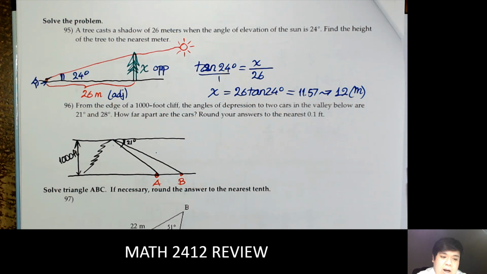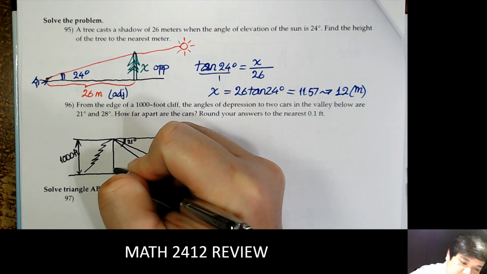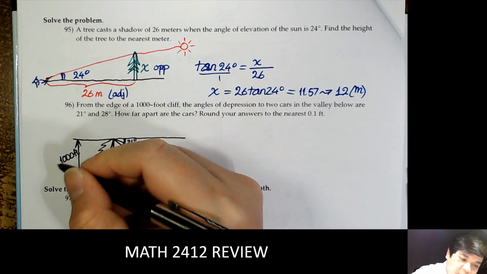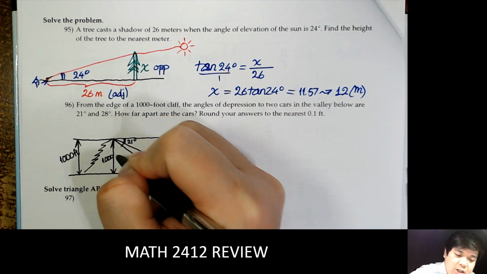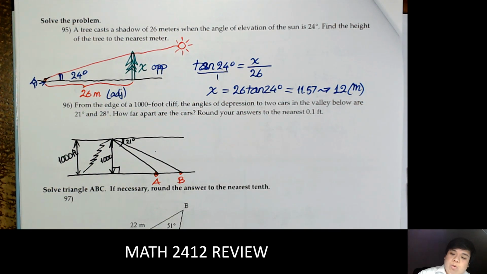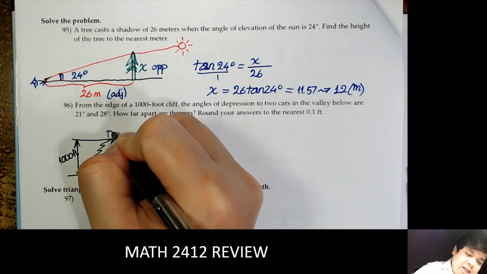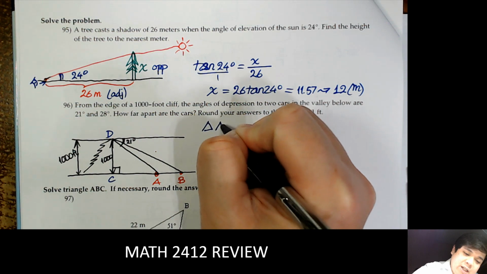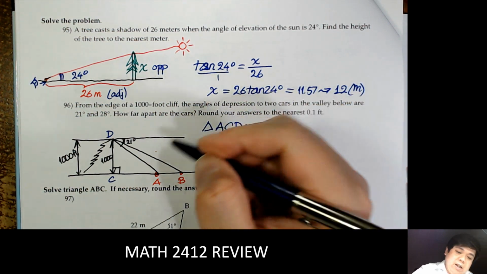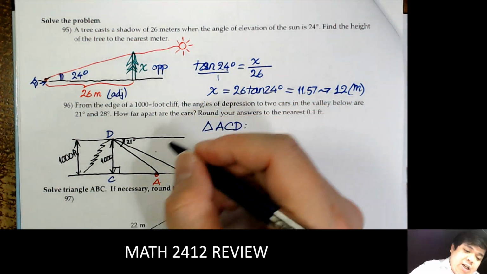We know that the height of the cliff is very relevant. That is 1,000. So pretty much we have two right triangles. I just need to find CA.